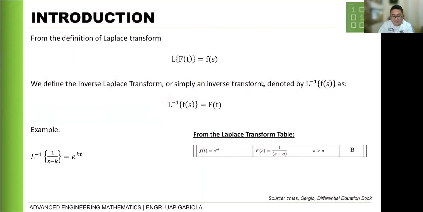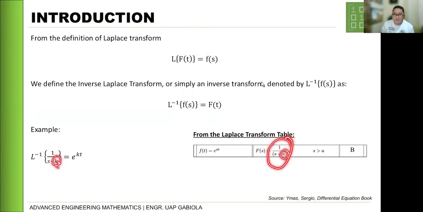Okay, so we have here a simple example of how to solve such equations using inverse Laplace transform. What is the inverse Laplace transform of 1 over s minus k? Last time, we discussed Laplace transformation using tables, and we can see that 1 over s minus k is equivalent to the function 1 over s minus a, so the k here pertains to our a value.